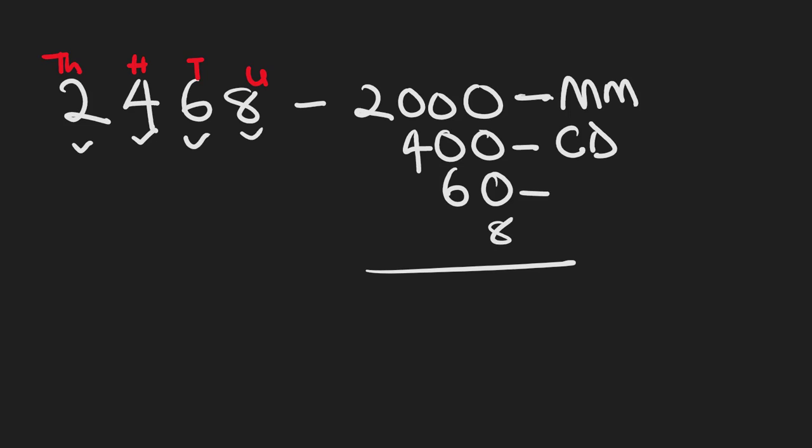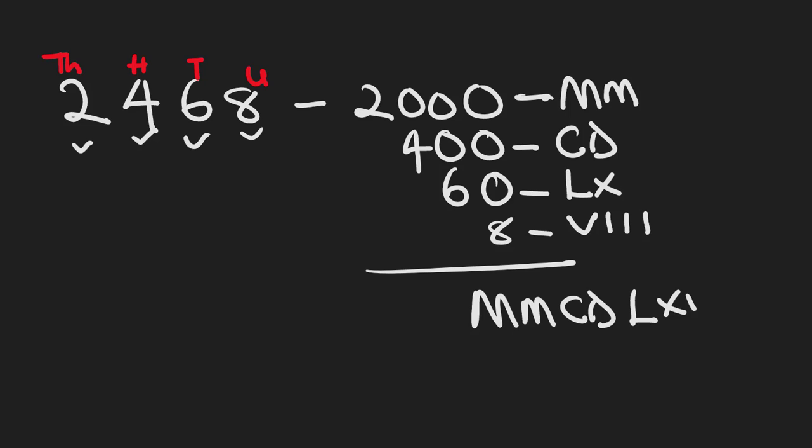What is 60? 60 is 50 plus 10, which is LX. And what is 8? 8 is actually 5 plus 3, which is VIII. So 2,468 is going to be M, M, C, D, L, X, VIII.